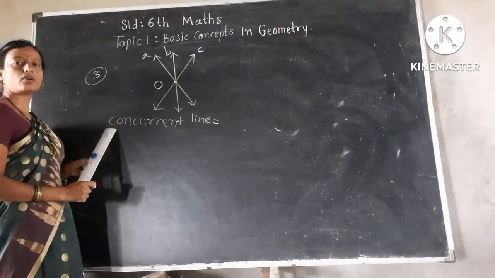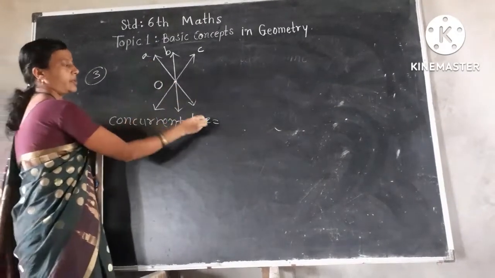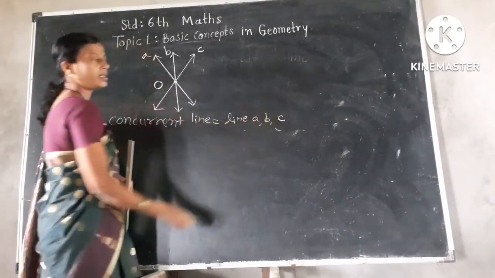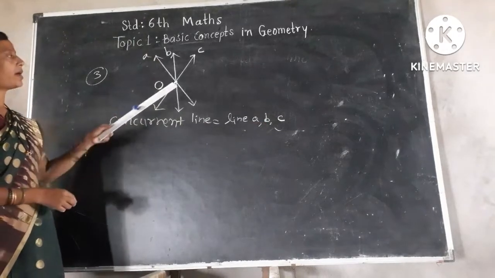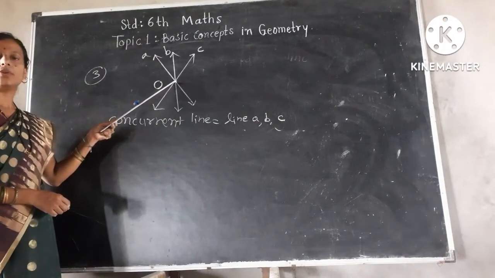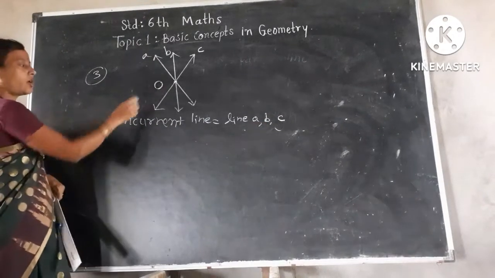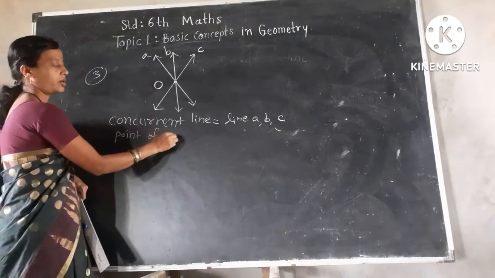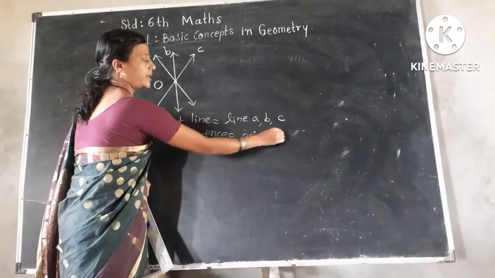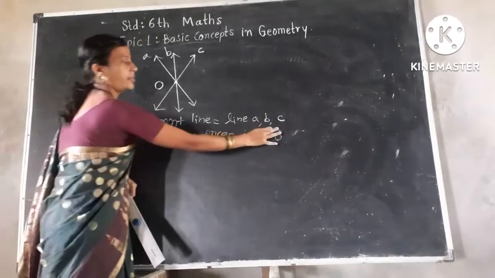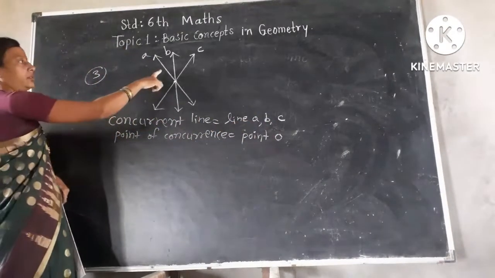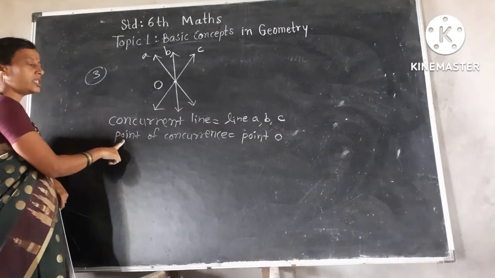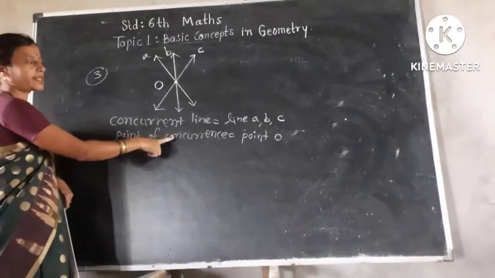That means lines A, B and C are concurrent lines and they pass through only one point. This point is called the point of concurrence. Point O is a point of concurrence because 2 or more lines pass through only this one point.